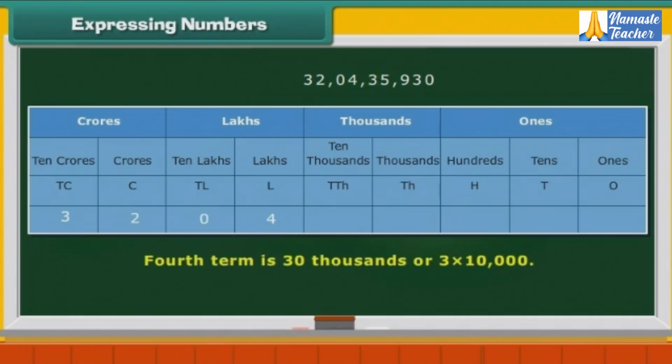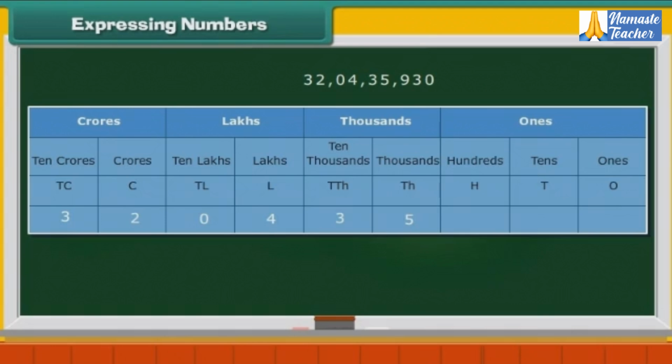Fourth term is 30 thousands or 3 multiplied by 10,000. Write 3 under TTH. Fifth term is 5,000s or 5 multiplied by 1,000. Write 5 under TH.